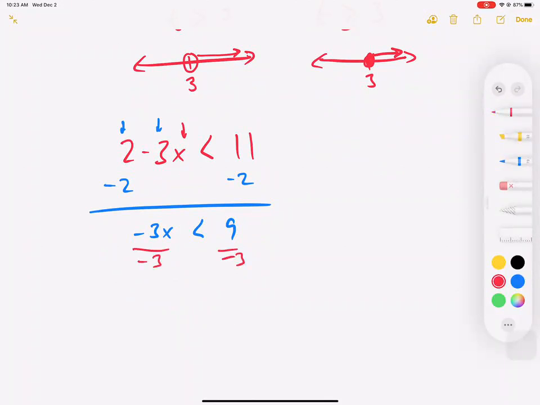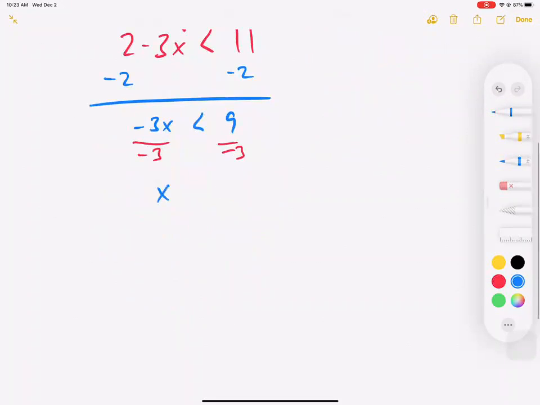Now when I divide by a negative, careful. If I move a negative from one side to the other using multiplication or division, you have to remember to flip the inequality. So when I do this, x, and 9 divided by negative 3 is negative 3. And we had to flip the inequality.